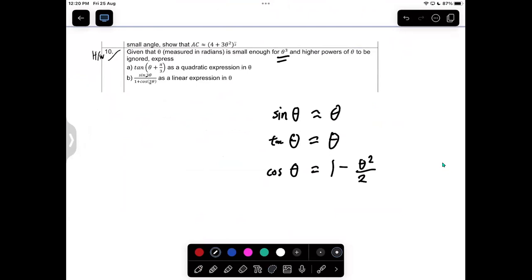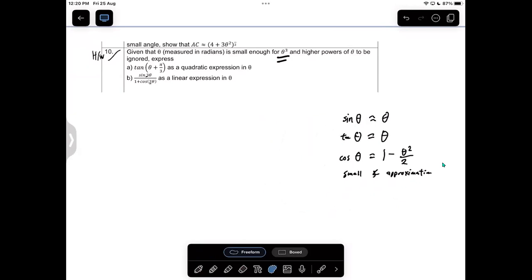So we're going to use these small angle approximations. You're just taking the Maclaurin series expansion, but you ignore higher power terms, higher powers of, in this case, theta. Now we replace x with theta to confuse the student.